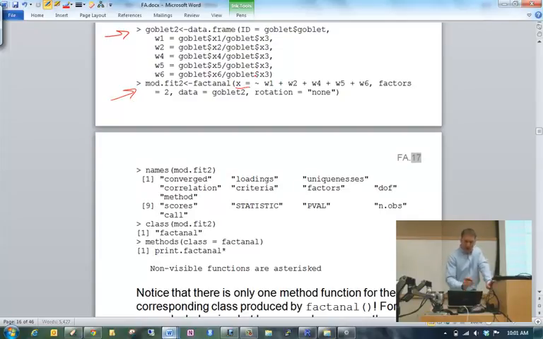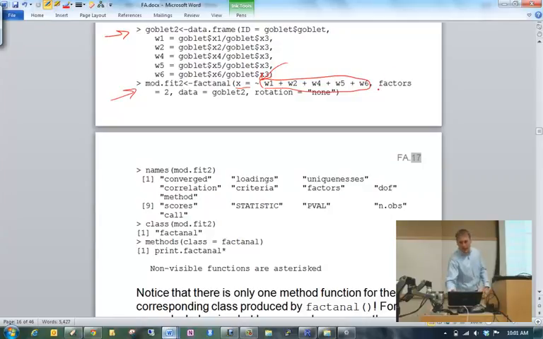The first argument in it is x. This is where you put in essentially your original variables: W1, W2, W4, W5, and W6. Notice we're using a similar syntax to what we did with the princomp function. Notice how we have a tilde here as well. The main difference is that we use x as the argument name.